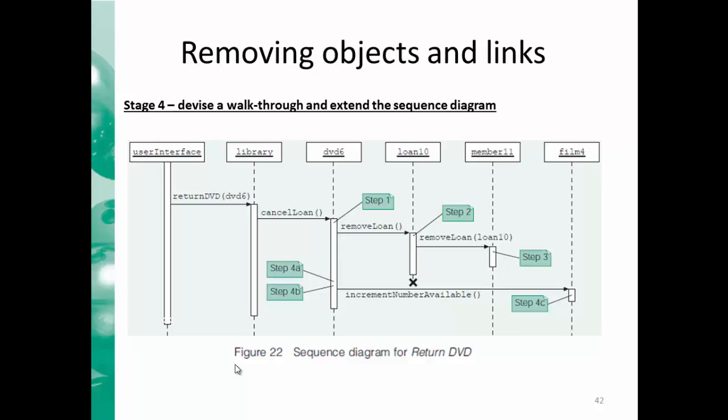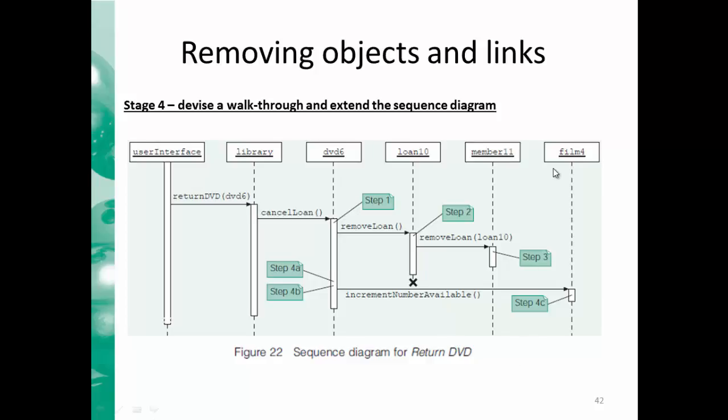As you can see, this X means that this particular object is destructed. Now member 11 has no loan such as loan 10 in its list, because that loan was destructed by returning the DVD.